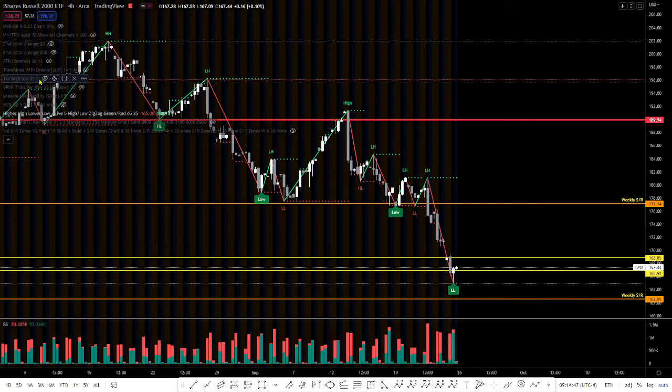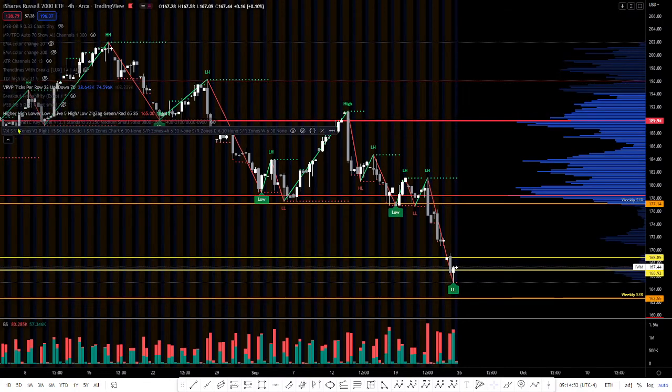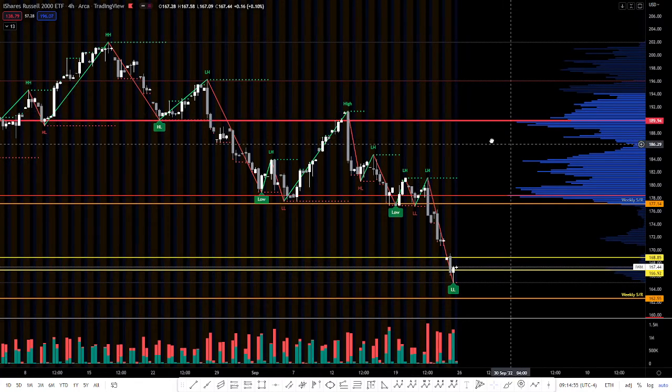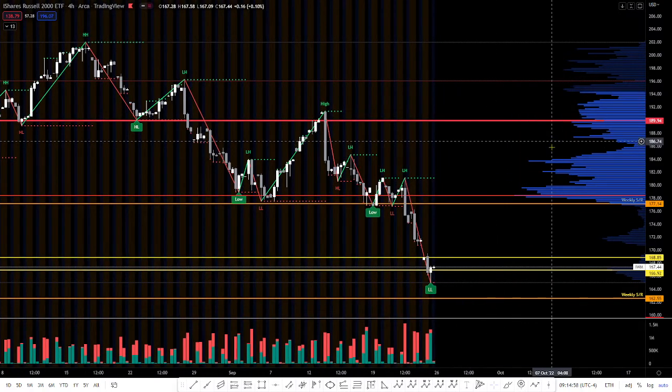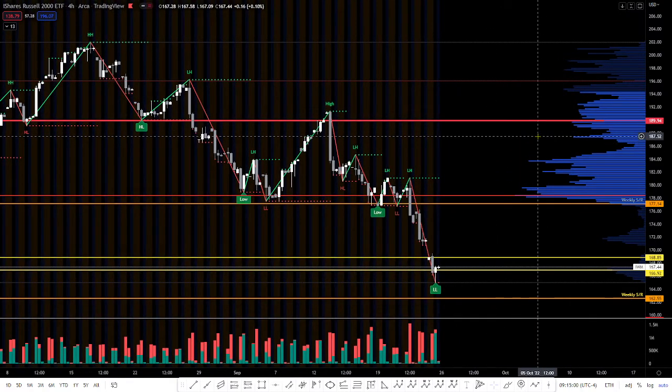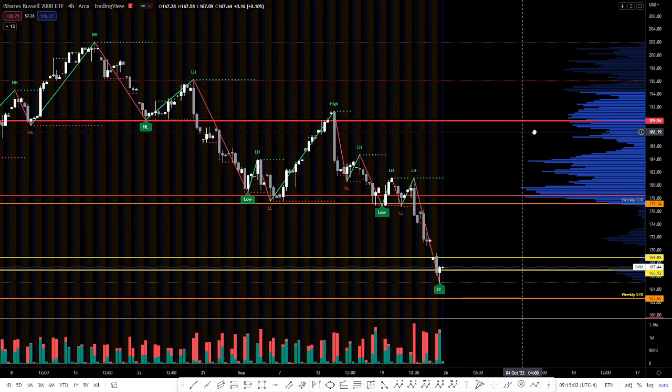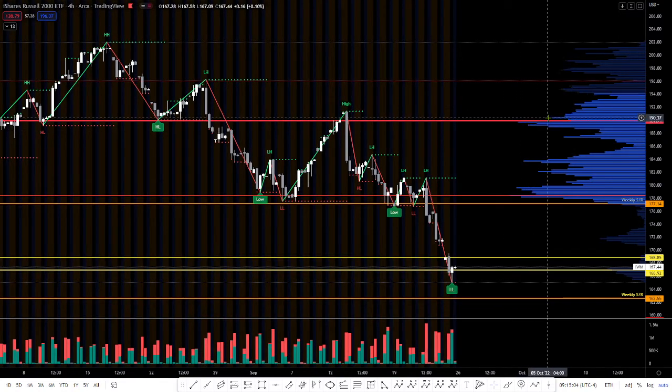Also add this to your notes. If you have what they call visual volume profile, you can see that as our volume profile is pulled over, we know that the majority of volume is going to happen as well with these support and resistance levels.